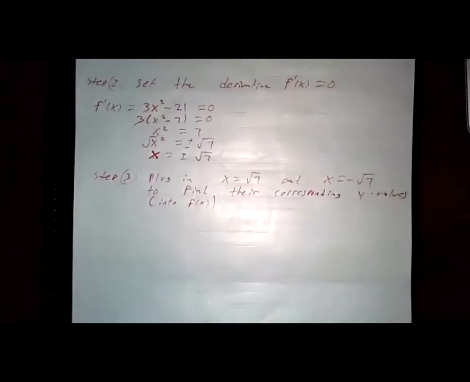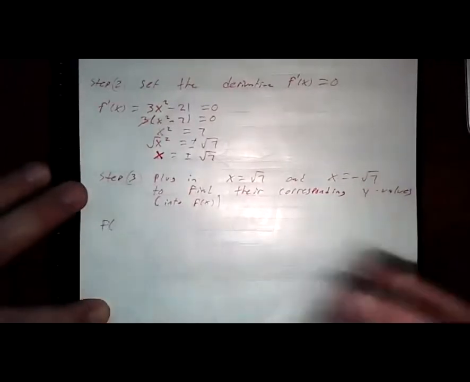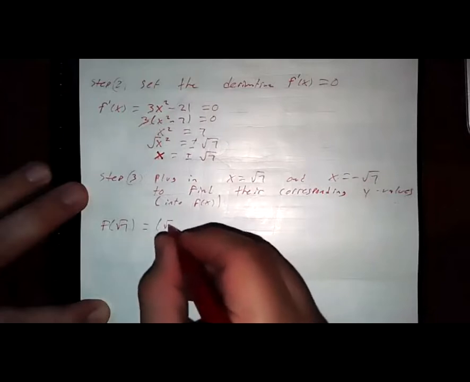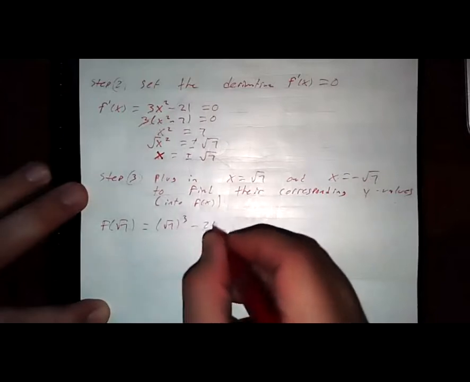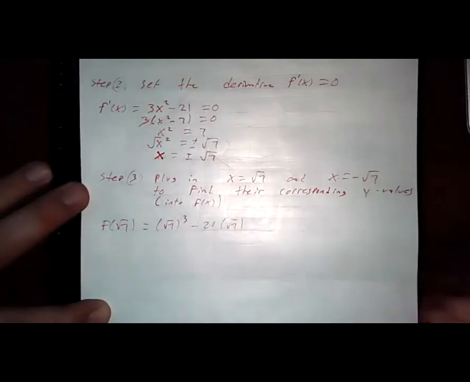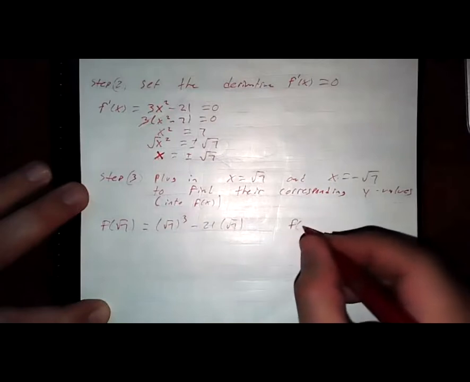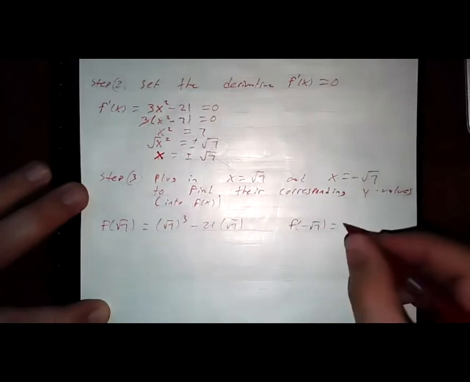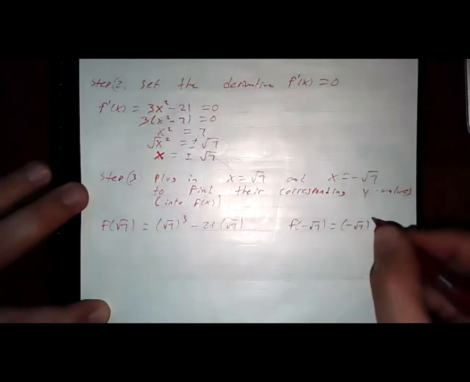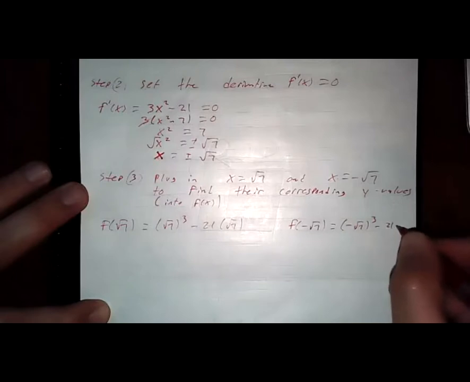Not the derivative. So you do f of square root 7, which would be square root 7 cubed minus 21 times square root 7. Then you do it again for negative square root 7, which will give us negative square root 7 cubed minus 21 square root 7.